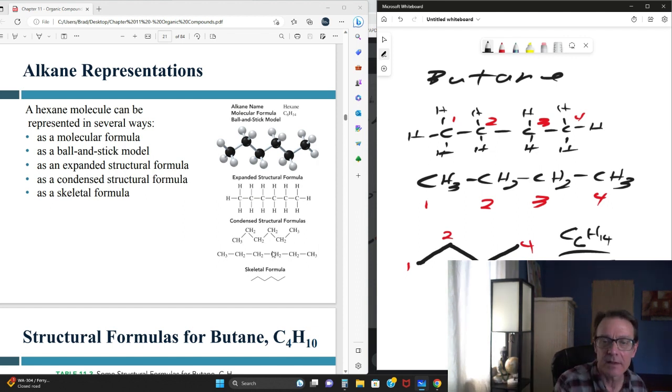But C6H14, if you want to, you can count the carbons and the hydrogens, but trust me, hexane adds up to C6H14. So nothing but carbon to carbon and carbon to hydrogen single bonds in your alkanes, and the prefixes 1 through 10, meth through dec.